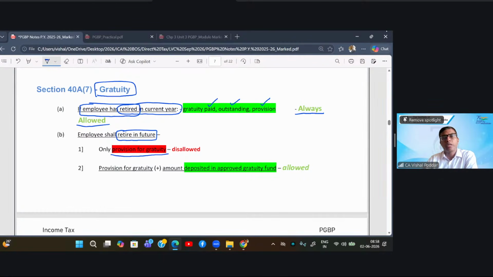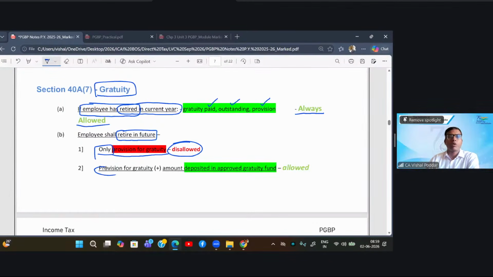So what gratuity you will pay in future, the standard requires you to make a provision every year. Now comes this restriction, Section 40A(7). 40A(7) says that if the employee will be retiring in future and you are creating a provision, and if there is only a provision, nothing beyond that, you have simply debited P&L, calling it a provision, we will disallow.